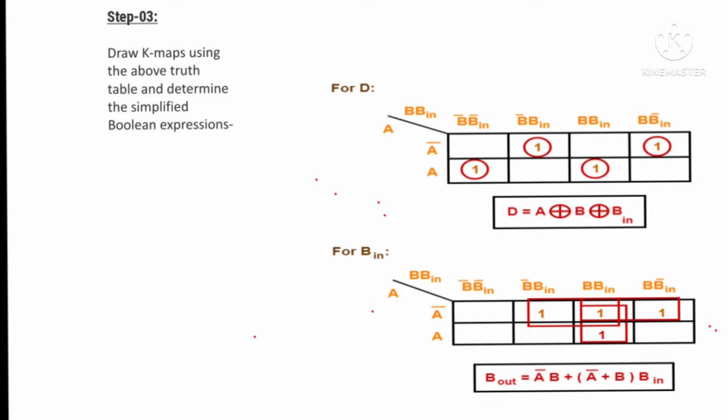So at the second position we get A bar, and the common variable here is B, so A bar B. And at the third position we get B in. We have to add all these, and now we get B out.